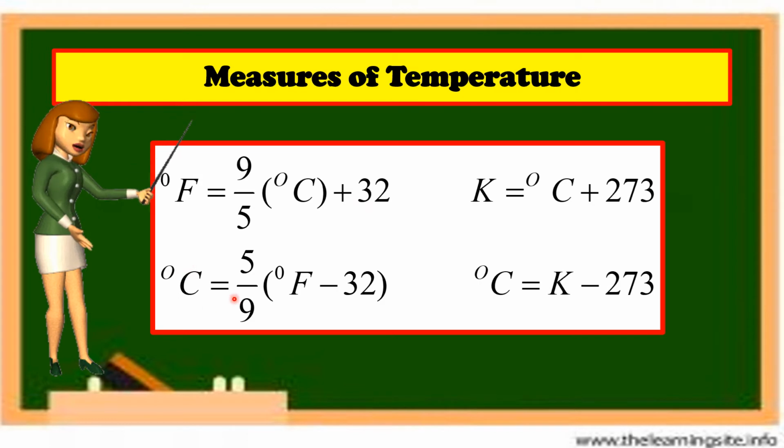Degrees Celsius equals 5/9 times the quantity of degrees Fahrenheit minus 32. Kelvin equals degrees Celsius plus 273, while degrees Celsius equals Kelvin minus 273.